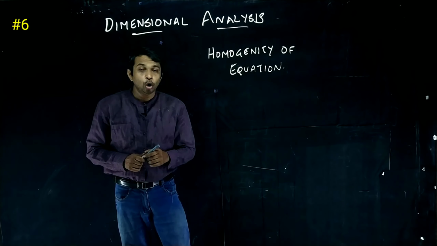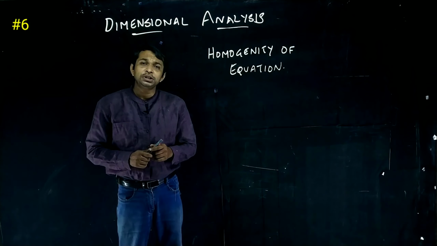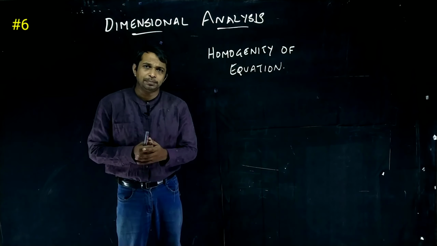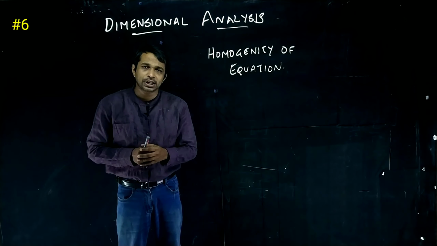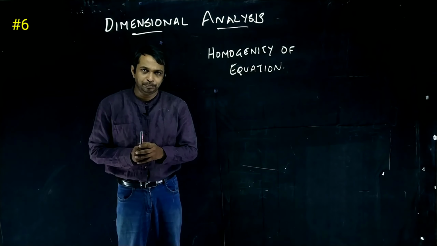What do you mean by homogeneity of equation? Homogeneity of equation says that you can add or subtract only the same physical quantities, or those that are dimensionally the same.